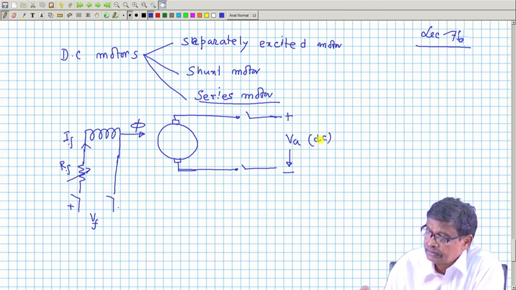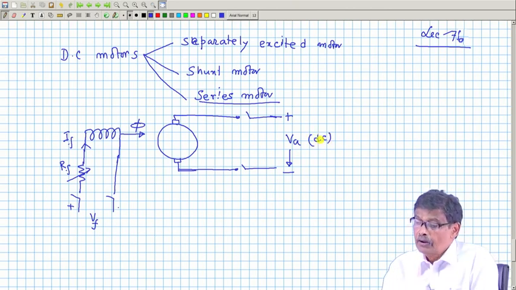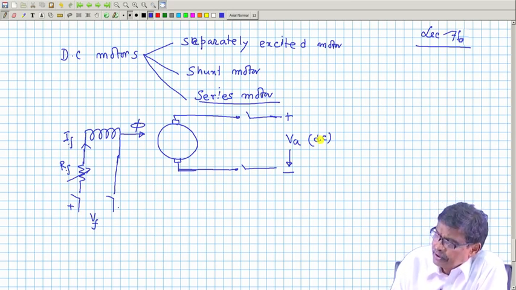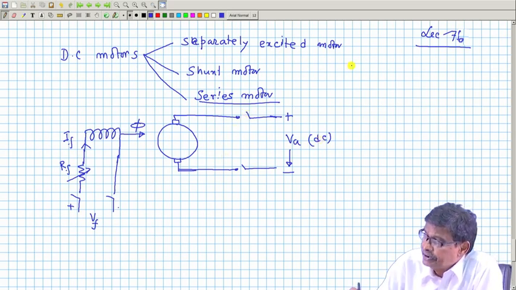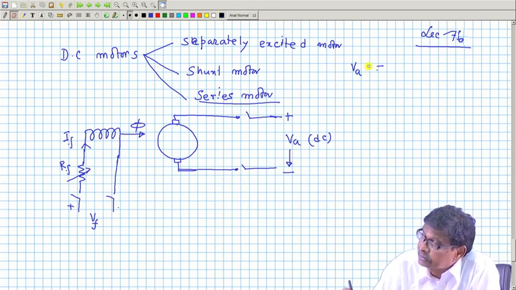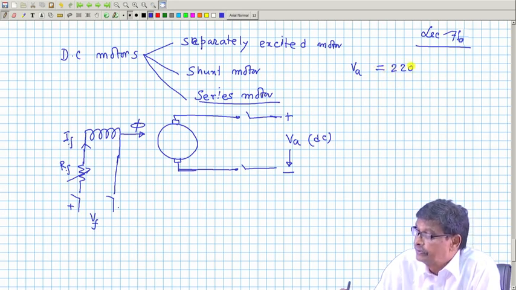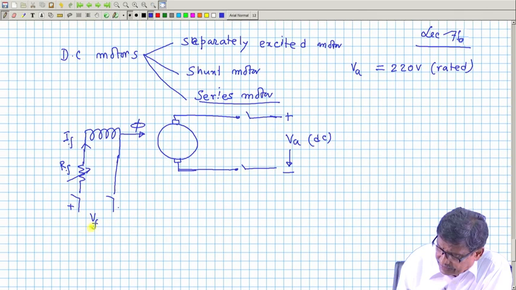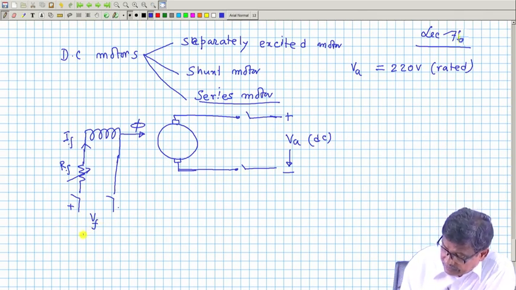Now, if you apply the rated voltage, suppose the machine is stationary and the armature rated voltage is 220 volt DC. The field circuit rated voltage will also be 220 volt.